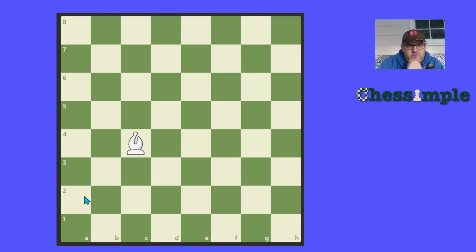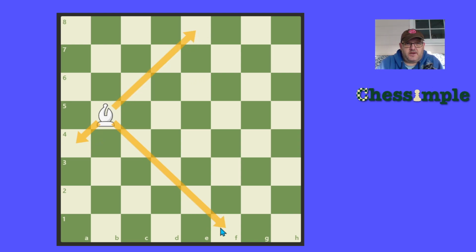Taking it to C4, we now cover the A2 to G8 diagonal and the F1 to A6 diagonal, of course, is still covered. And finally, for B5, we cover the A1 to E8 diagonal and continue to cover the F1 to A6 diagonal.